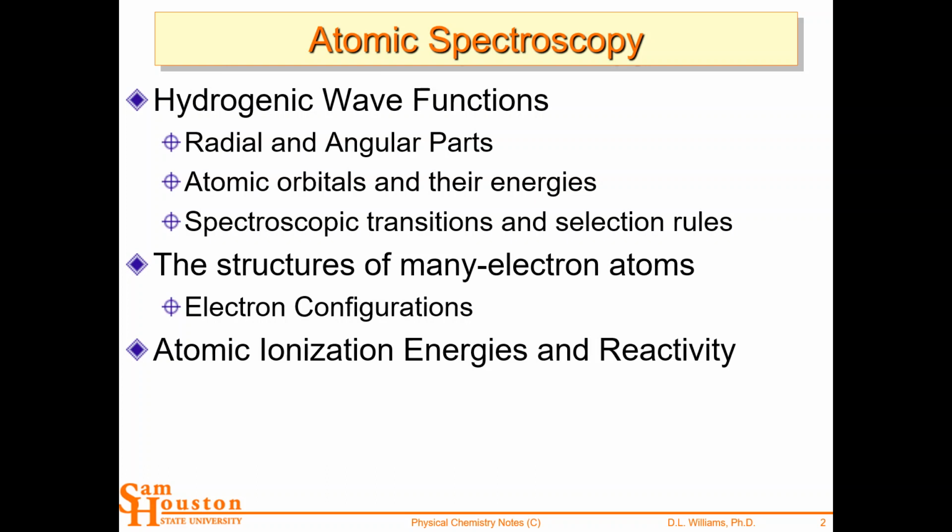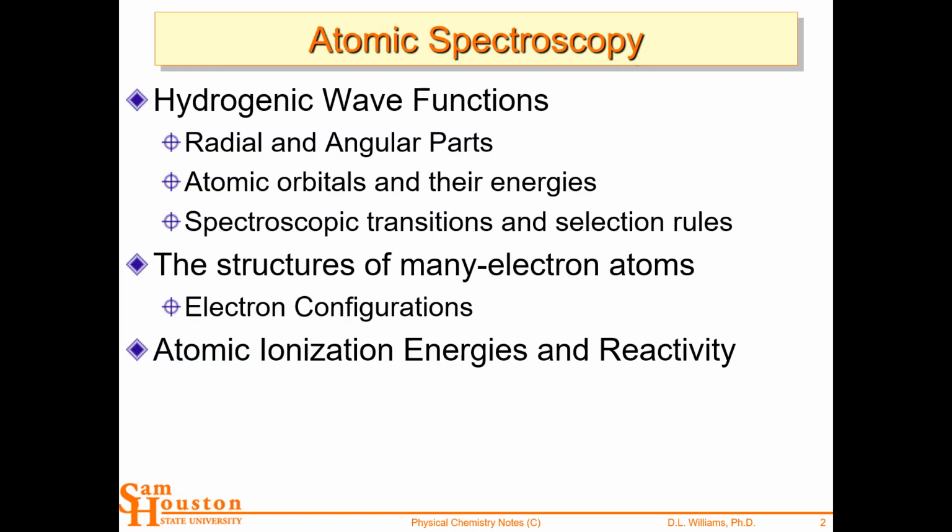So 1 electron systems, yes, we can solve those. And so all of the orbitals that you've been taught, the shapes of the s orbitals and the d orbitals and so on, those are hydrogenic orbitals. They kind of fit multi-electron atoms, but we really don't have solutions for multi-electron atoms. So those are all hydrogenic type orbitals.